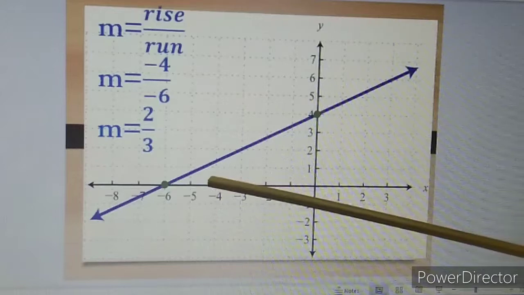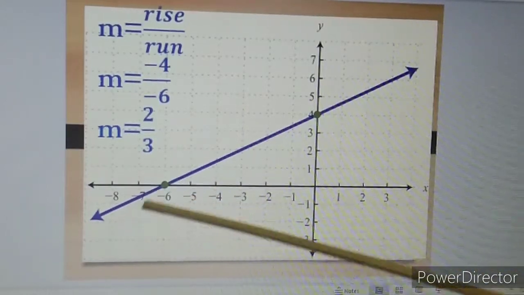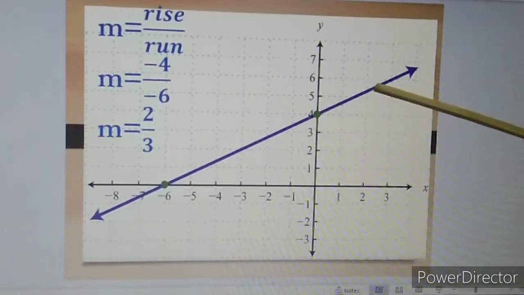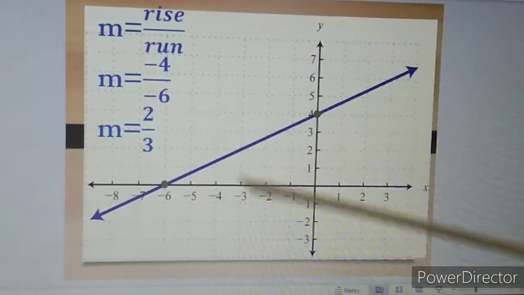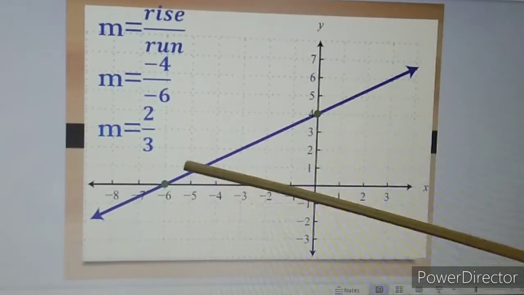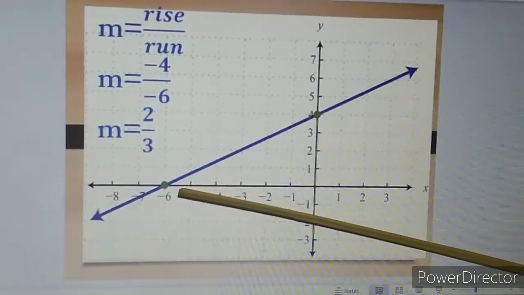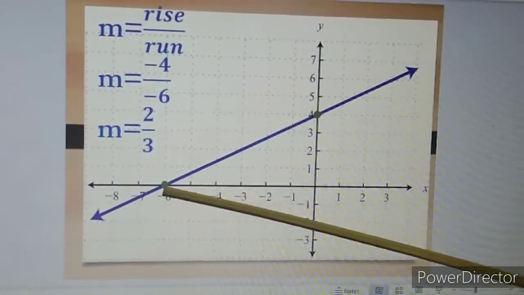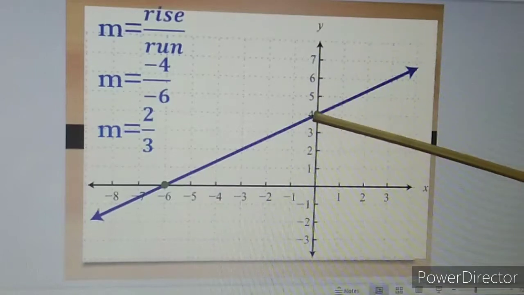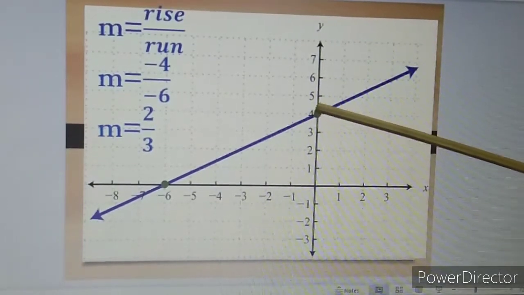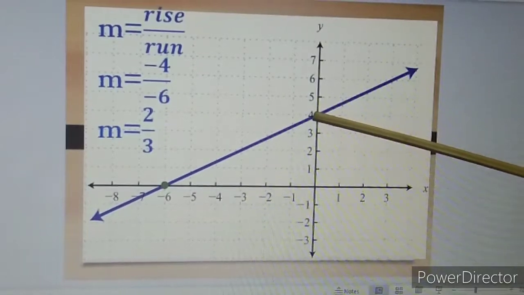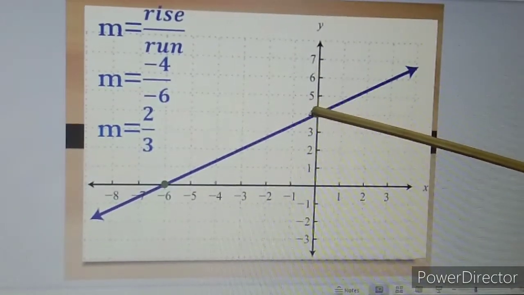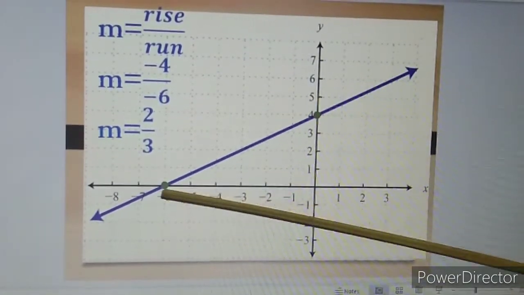Our next graph is the linear equation that is being represented by these blue lines. This is the y-axis, this is the x-axis. And then we're going to locate a certain point. We have this point and this point. Okay, so from this point, we're going to measure the up or down of our triangle.